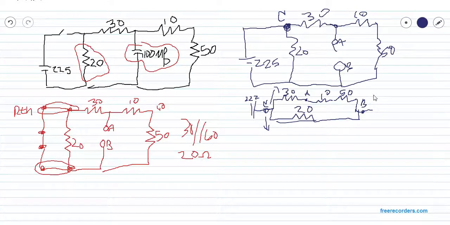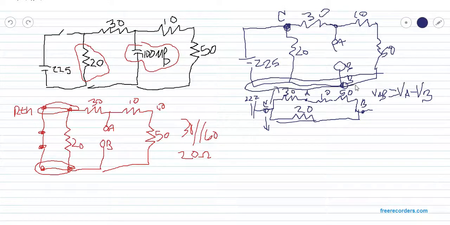Now to find VAB, remember that VAB is equal to VA minus VB. If we look here, we can move this B down to here, and this whole thing is basically 0 volts. Every one of these things shares the same end node, which is at 0. So VB is equal to 0.